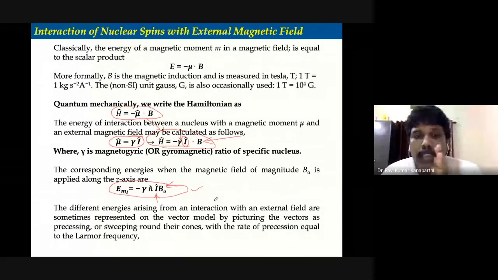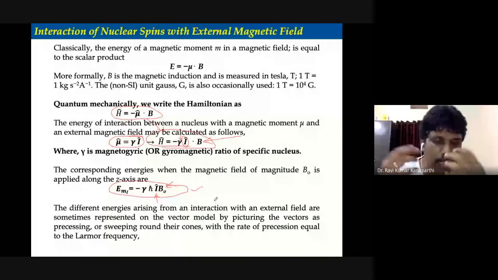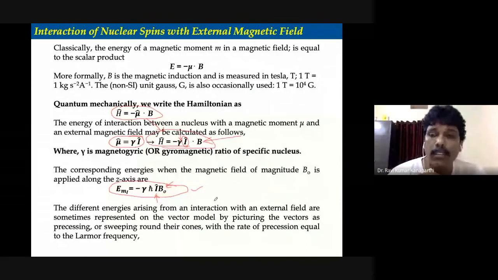The take-home message from all this discussion is very simple. Certain nuclei possess spin, and because of the spin, they behave like tiny bar magnets. If you place such nuclei in an external magnetic field, the energy expression is given by minus gamma h cross I B0.